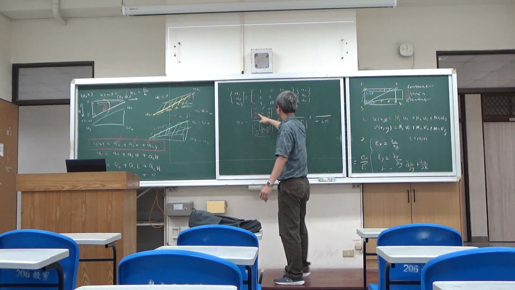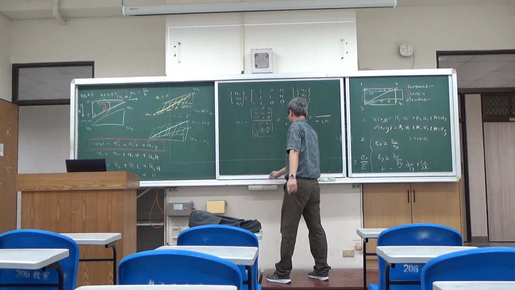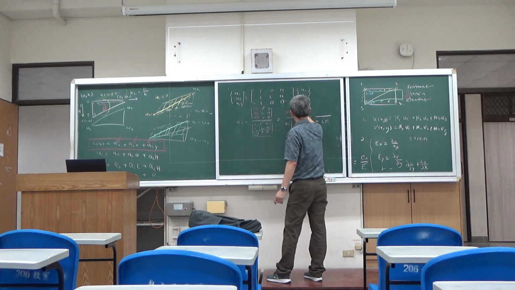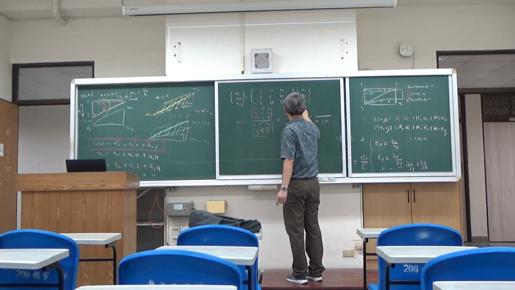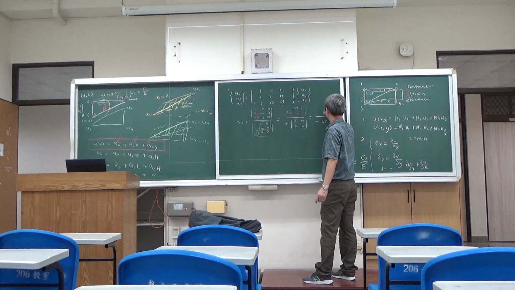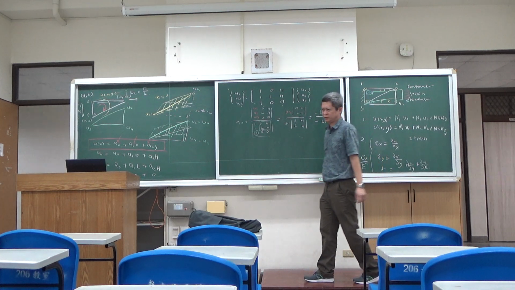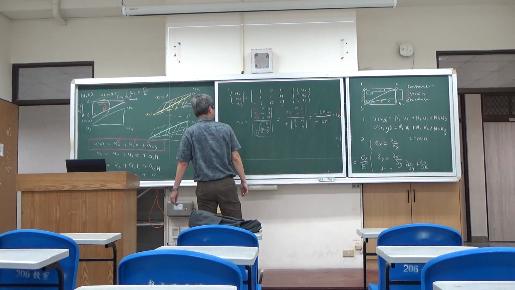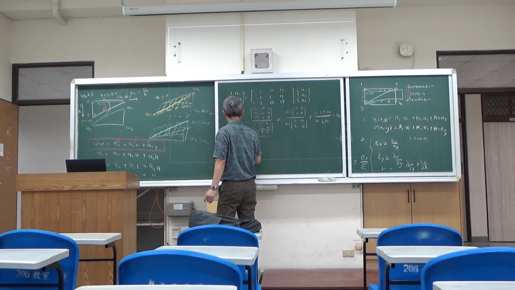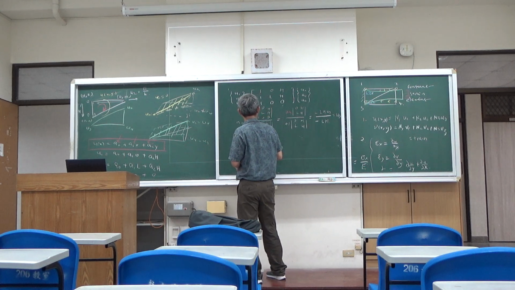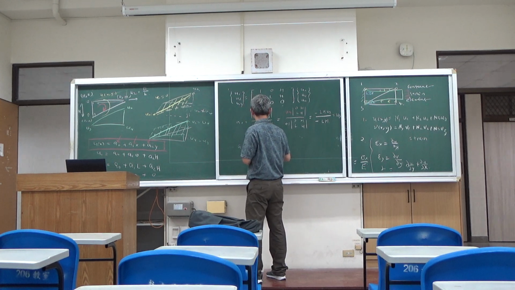How about this one? The only non-zero thing is U3, and then again 0H and LH. This is minus LH U3. The first variable is U3. Then the second coefficient, you replace the second column with U1, U2, U3.